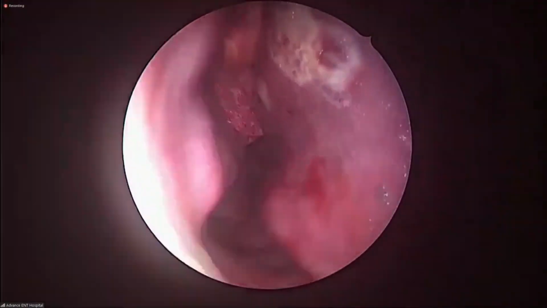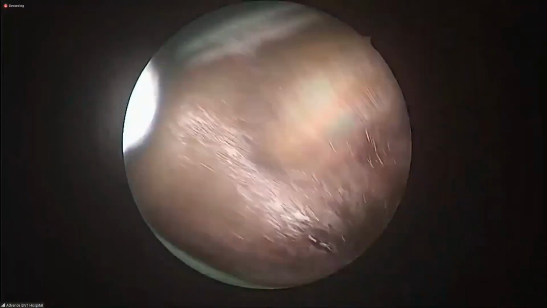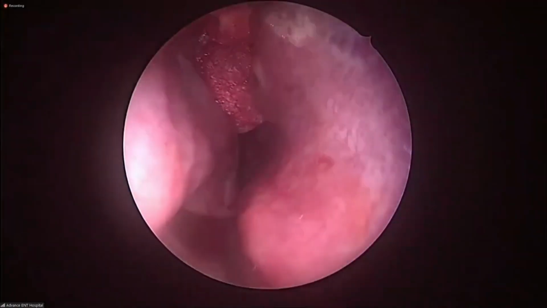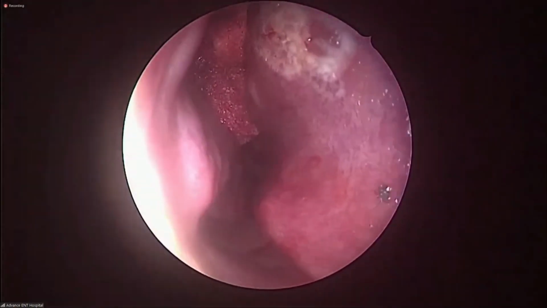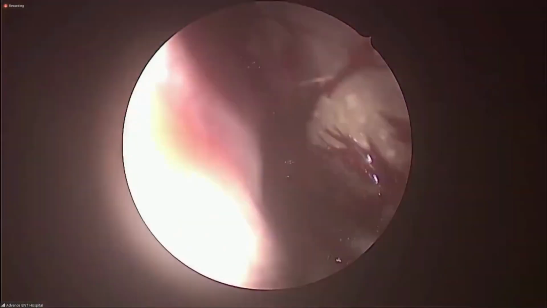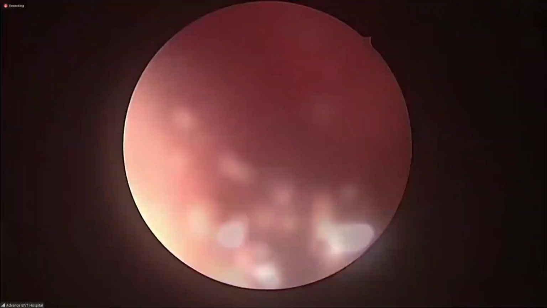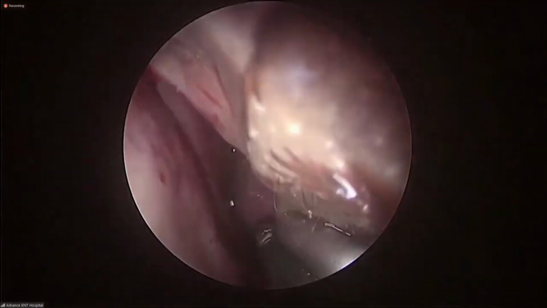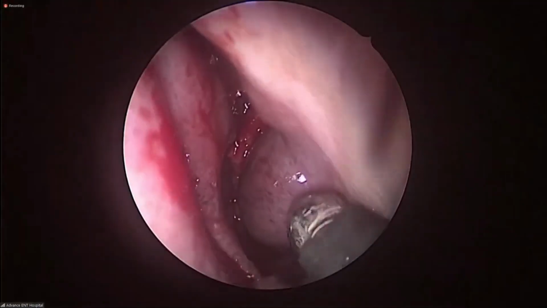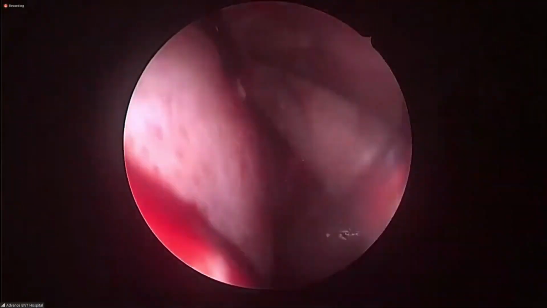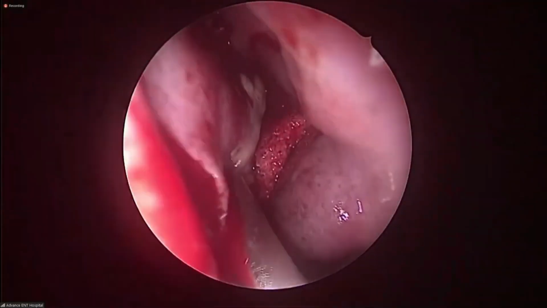So far what we have achieved: we have done high deviation correction. Yes, sir. We have divided the polyp. See the opposite side. See the incision line. Much better now.